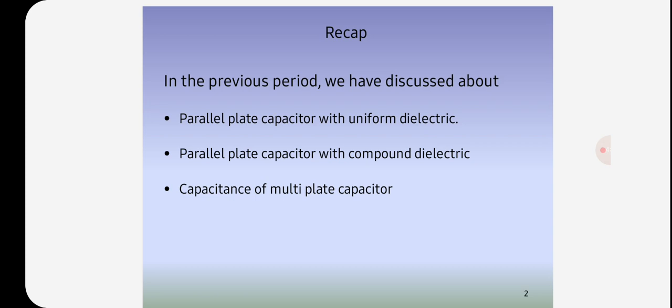So the capacitance of a capacitor is directly proportional to the area of the plates, directly proportional to the relative permittivity of the medium between the plates, and inversely proportional to the distance between the plates.